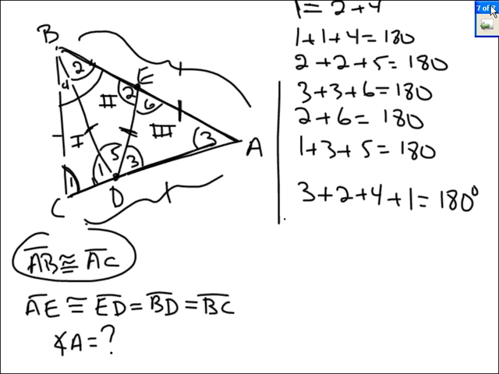Now somehow I need to use this information to find angle C, angle 3, which happens to be angle A. Alright, so let's see how we could do this. And you can use what's called linear algebra, but let's not do that.